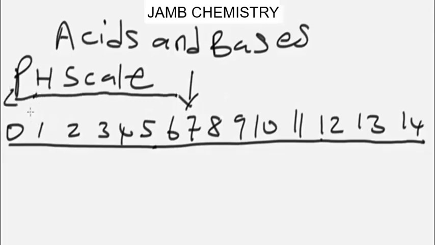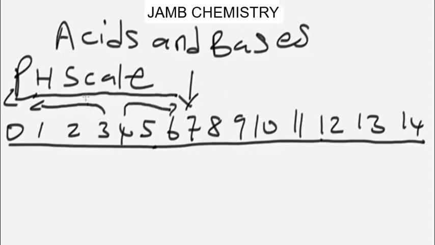A solution with a pH of, let's say, 3 and below is said to be very strongly acidic, whereas a solution of 4 to 6 is said to be weakly acidic.